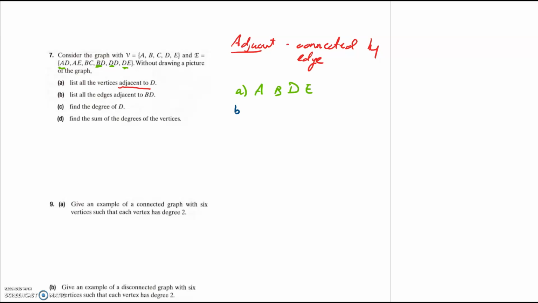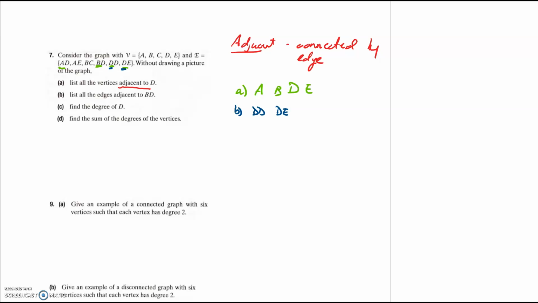Next one, for part B, I want to list all the edges adjacent to edge BD. And what that means is once I go from B to D, where can I go next? So if I go from B to D, well, I can go edge DD. I can also do edge DE. Okay, and that's if I start at B and I go to D. Well, what if I start at D and go back to B?